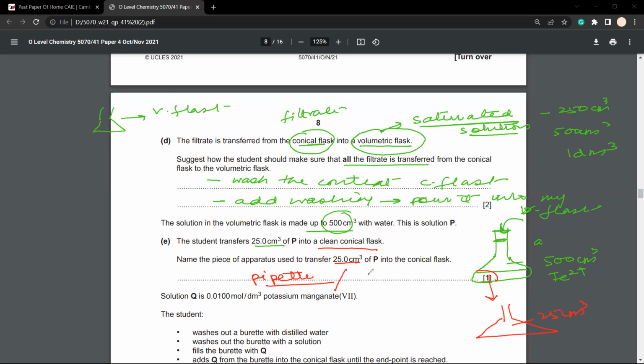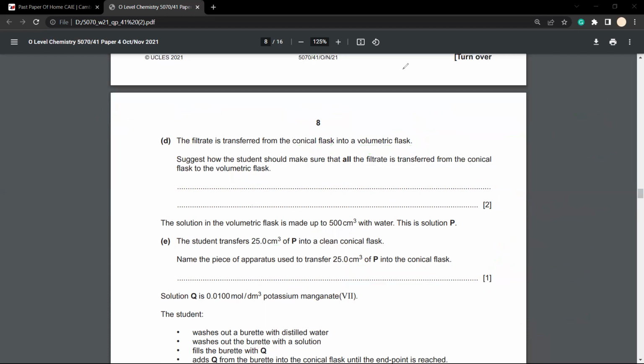So we will be using a pipette filler as a precaution. Pipette filler as a precaution, so that the liquid that fills in the pipette does so because of suction. If we suck the chemical through the pipette with our mouth, there are chances that we might suck in the chemical into our mouth. तो हम उसको pipette filler use करके उसके अंदर liquid fill करेंगे. तो ये precaution होती है while filling the pipette, right?